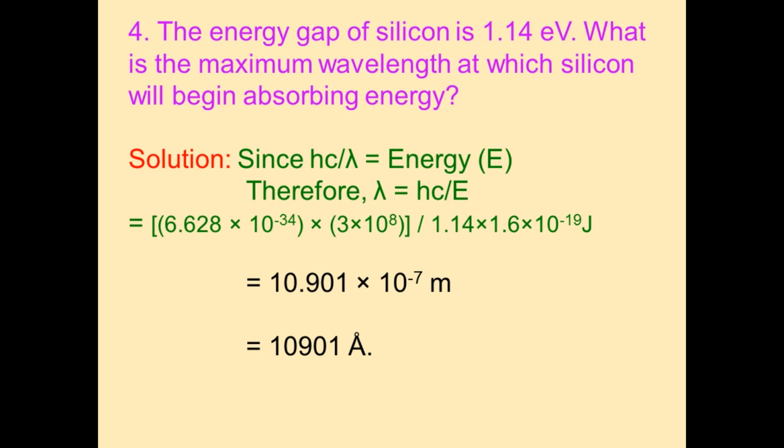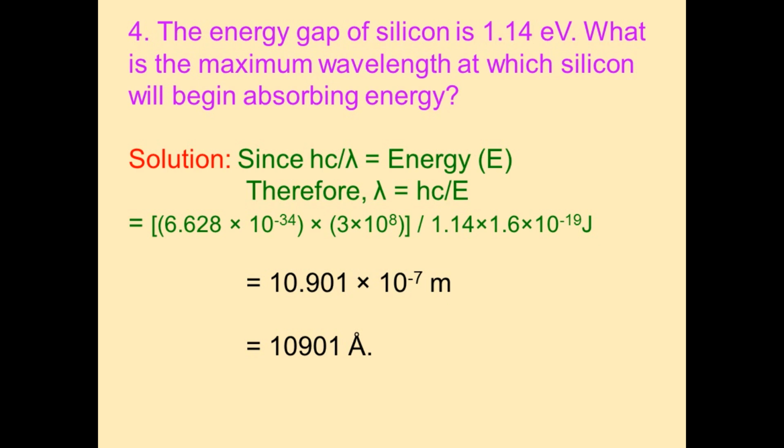We get 10.901 into 10 power minus 9 meter. 1 angstrom equal to 10 power minus 10 meter. So 10.901 into 10 cube angstroms. So 10,901 angstroms.